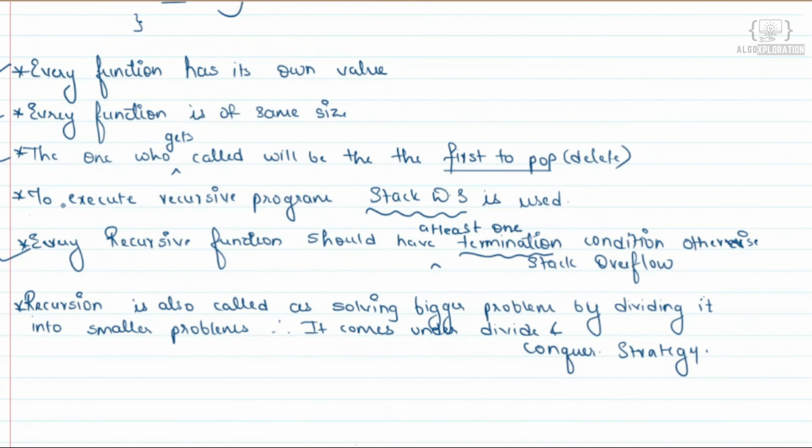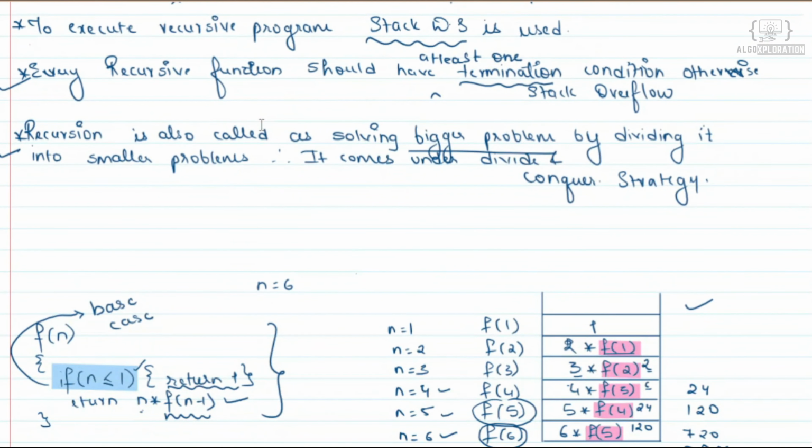Now the last point is the real definition of recursion. It means solving a bigger problem by dividing it into a smaller problem. That means to solve a big problem we will call a smaller problem.